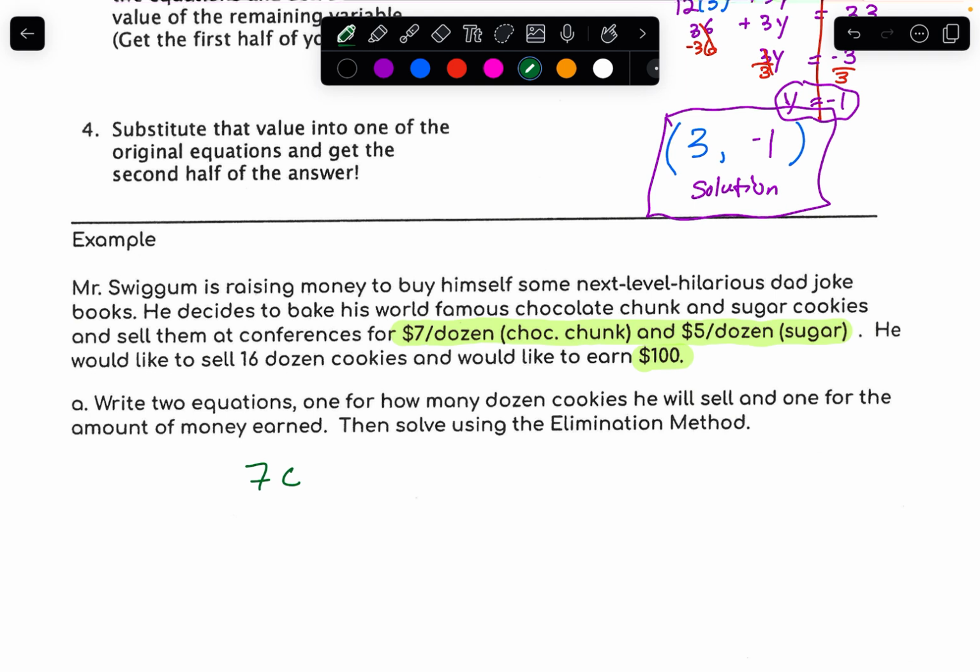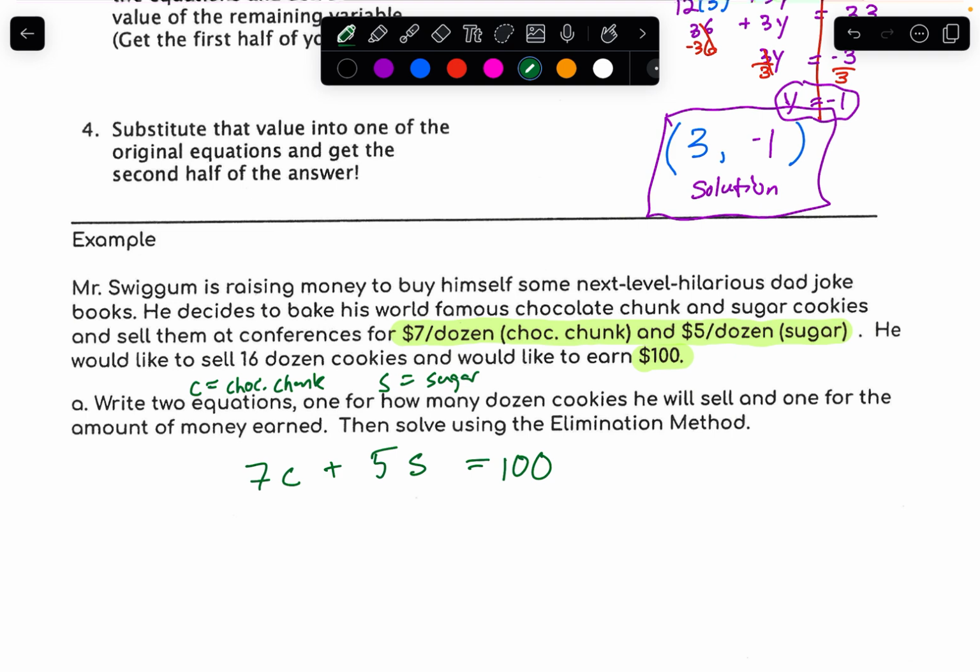So let's call C equals chocolate chunk. And I'm going to then add $5 per dozen of sugar cookies. So let's say S is sugar cookies. So $5 per dozen of sugar cookies, and then total of $100.